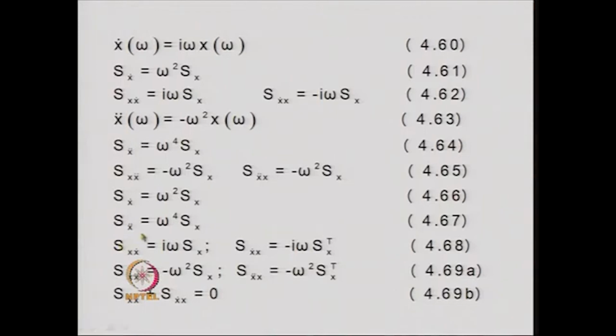Now, with these relationships defined for the matrices of the power spectral density function of displacement, velocities and acceleration, one can find out the cross power spectral density function matrix between x and x dot and x dot and x.